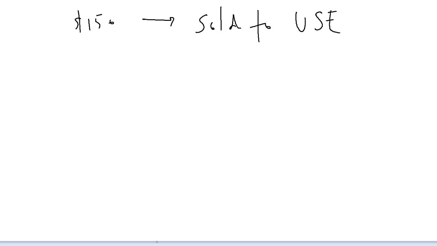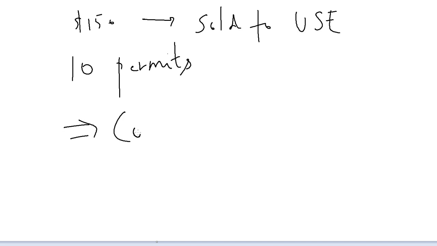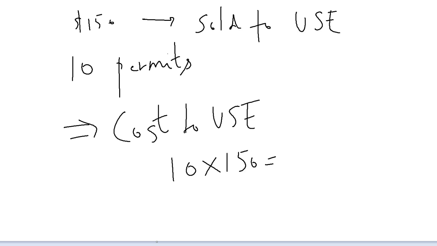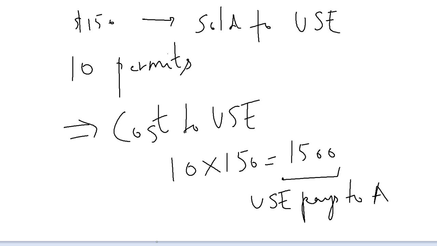Okay, therefore, if you have 10 permits, this implies the cost to USC is going to be 10 times 150 equal to $1,500. Okay, so that is the amount that USC pays to Acme.